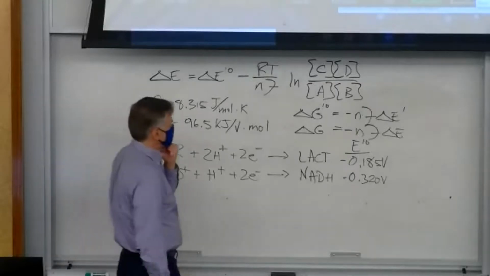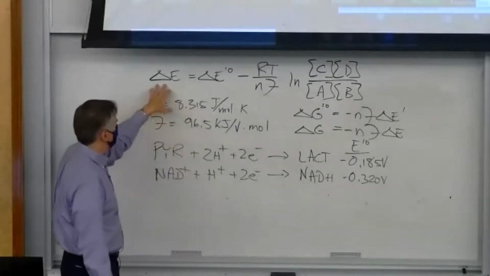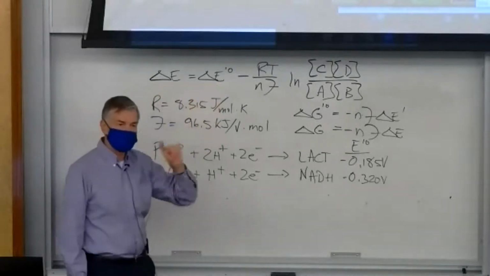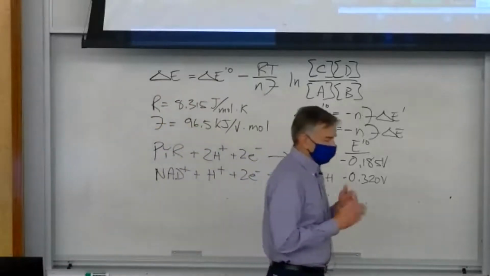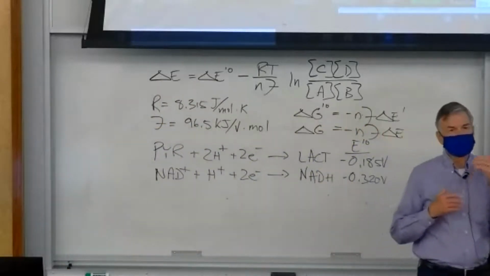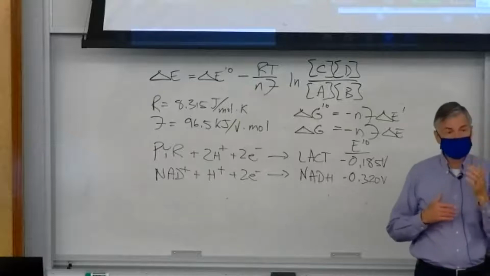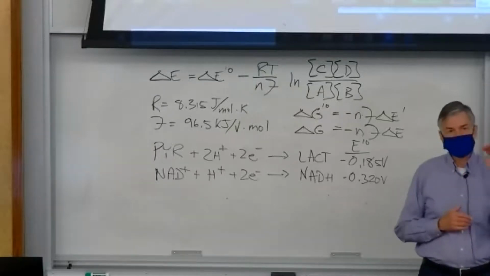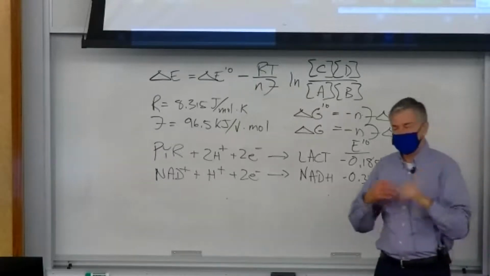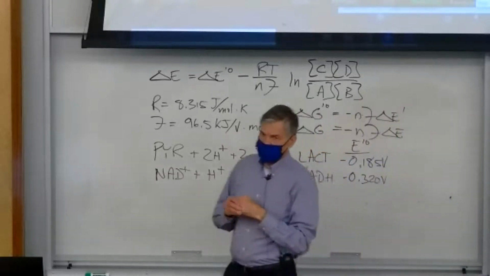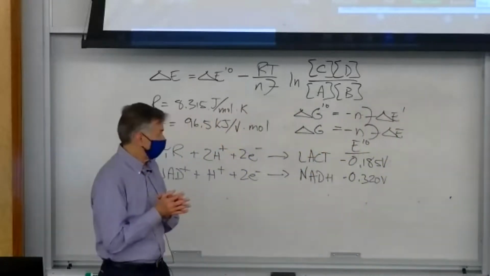This delta E prime zero is a constant for a given pair of half reactions, one for the oxidation of a compound, the other for the reduction of another compound.